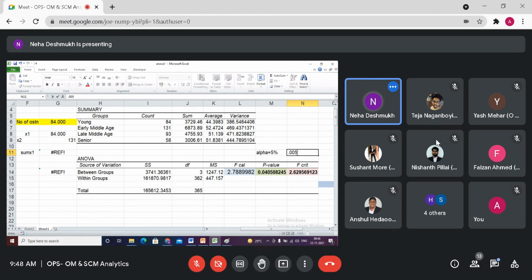By default, Excel also considers a 5% significance level. In general, when we calculate the amount of variation, we consider the 5% significance level. So the standard alpha value is 0.05, and my calculated p-value is 0.04. So in this case, it is less than or greater than alpha?